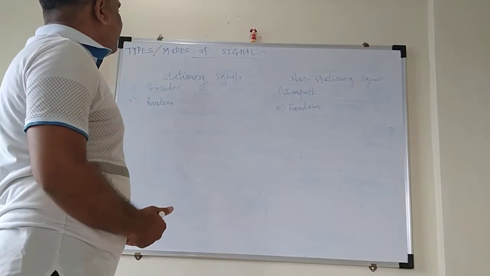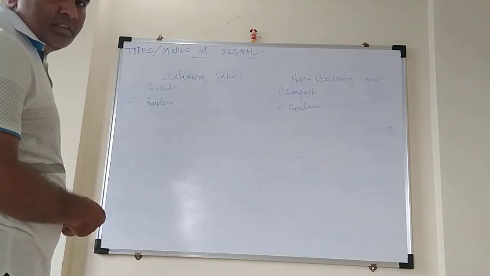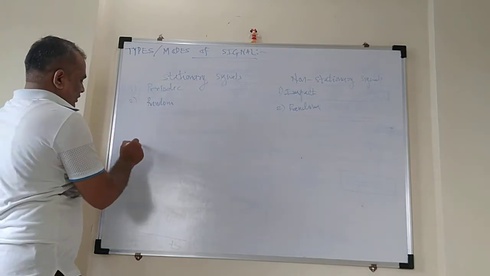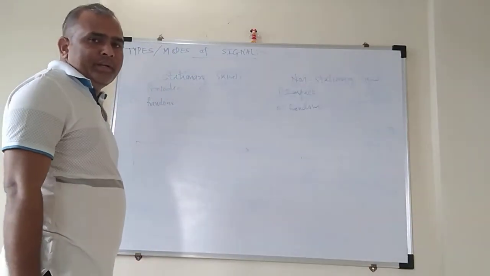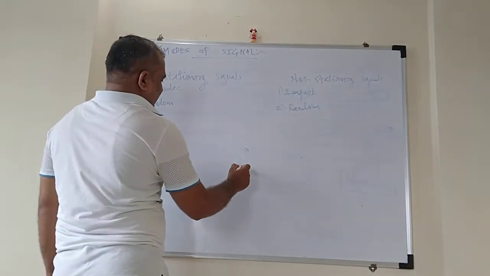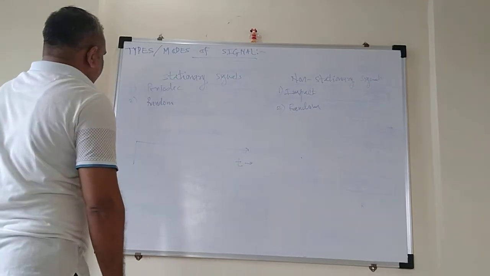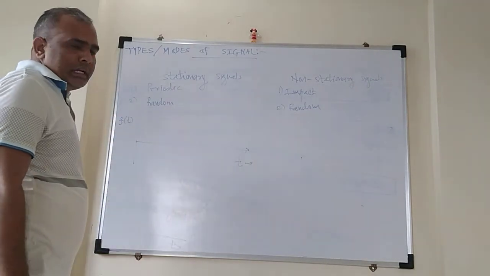Let me give an example of a stationary signal. To understand what is meant by a stationary signal, let's again take the help of a plot of two variables, two physical quantities, dependent and independent variables. So let us say this is a time variable, which is the independent quantity, and here is some function which depends upon time t.